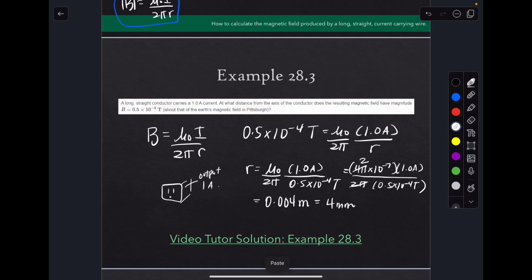So if you're charging your phone and you are 0.004 meters, or 4 millimeters, away from that wire, so basically you're sticking that wire on your eye, the magnetic field that you feel from that wire will be roughly equal to the Earth's magnetic field. So in other words, not a huge amount. You're not feeling a lot of magnetic field generated by wires carrying current to charge your devices.